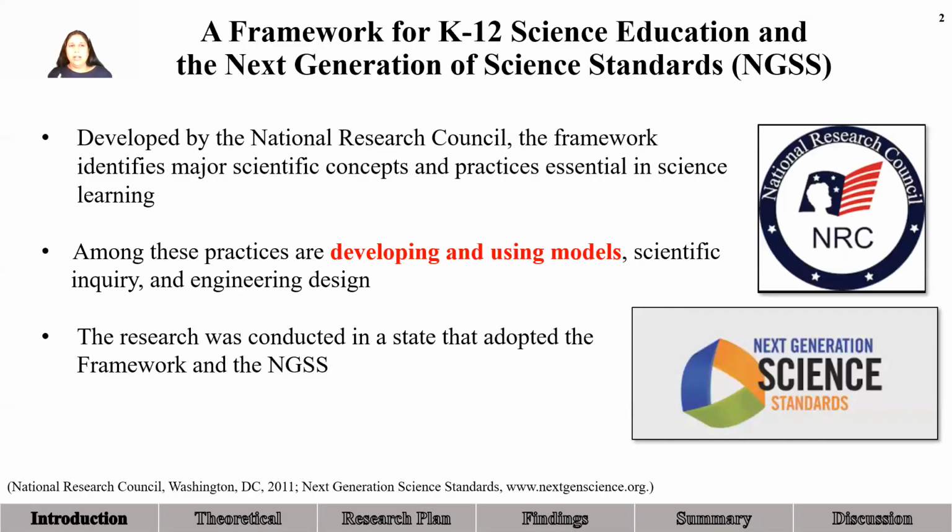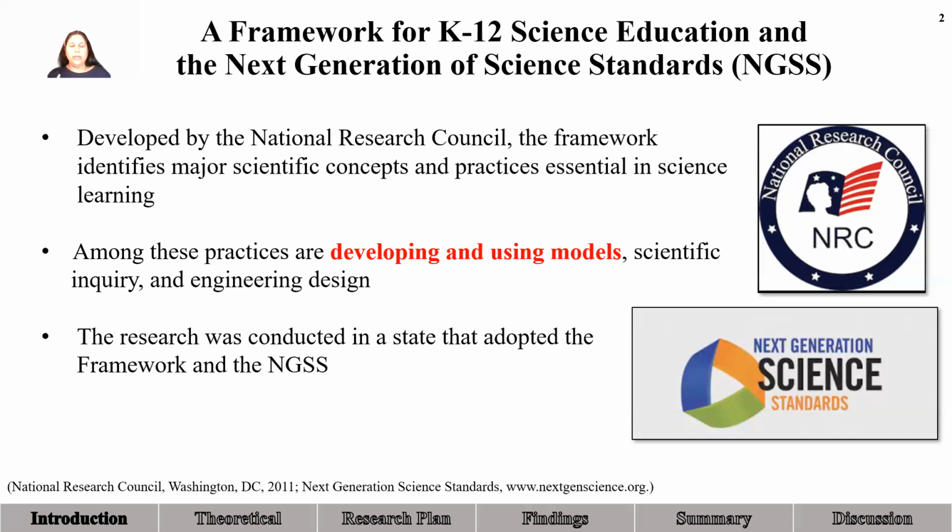In this slide, I'm giving a brief introduction of academic content standards, A Framework for K-12 Science Education, and the Next Generation Science Standards. These documents were developed by the National Research Council. The framework identifies major scientific concepts and practices essential for every student until the completion of high school for learning science.